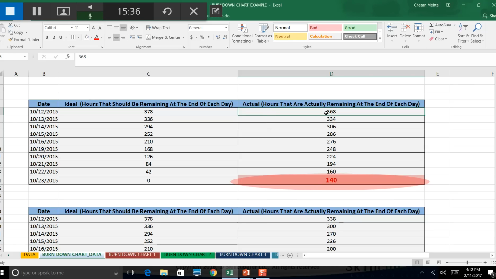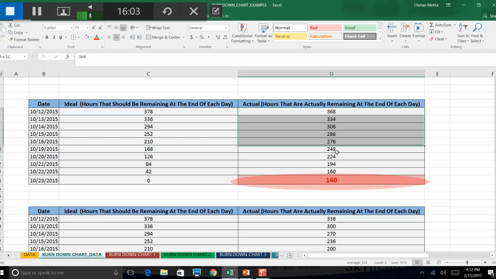Right, so here I'm burning just about 32 hours, 34 hours, 28 hours, 20 hours, again 10 hours. I'm burning very less, 28, 24. On this day I burned only 30 hours, 34 hours.